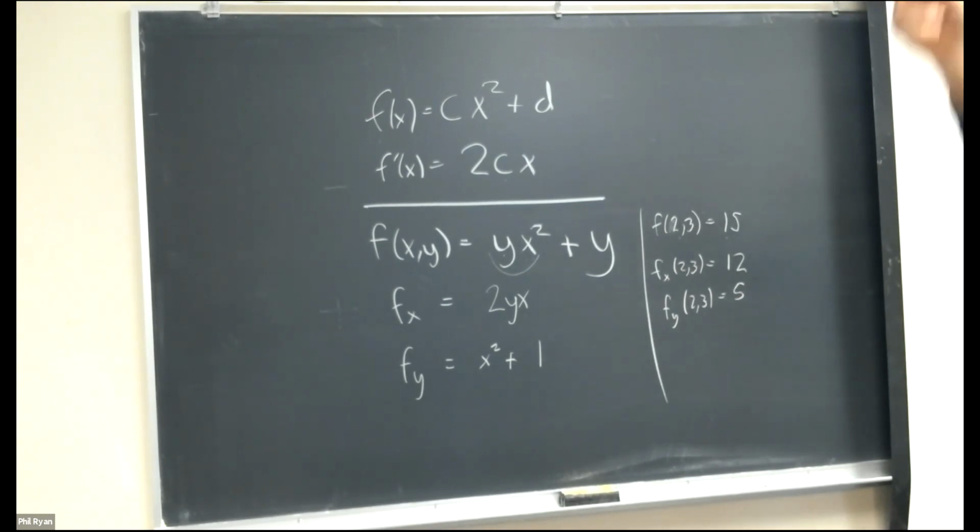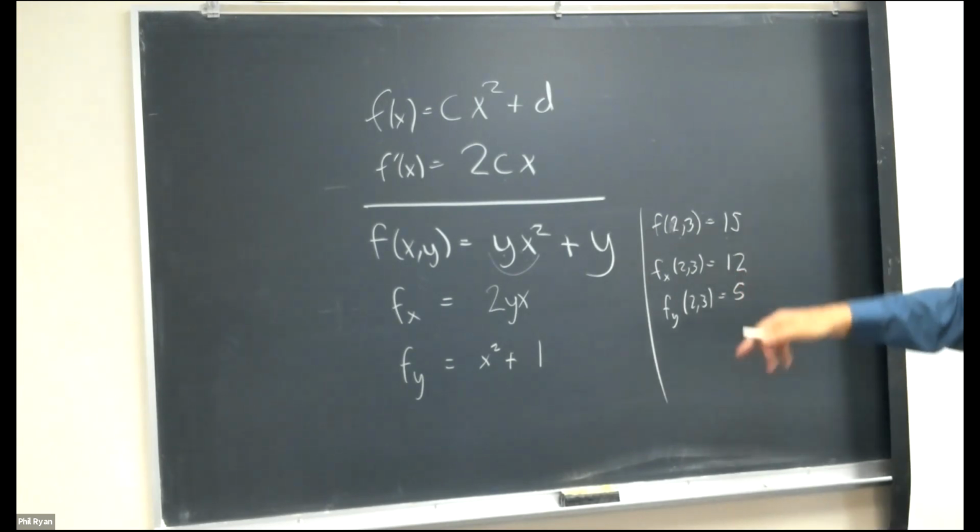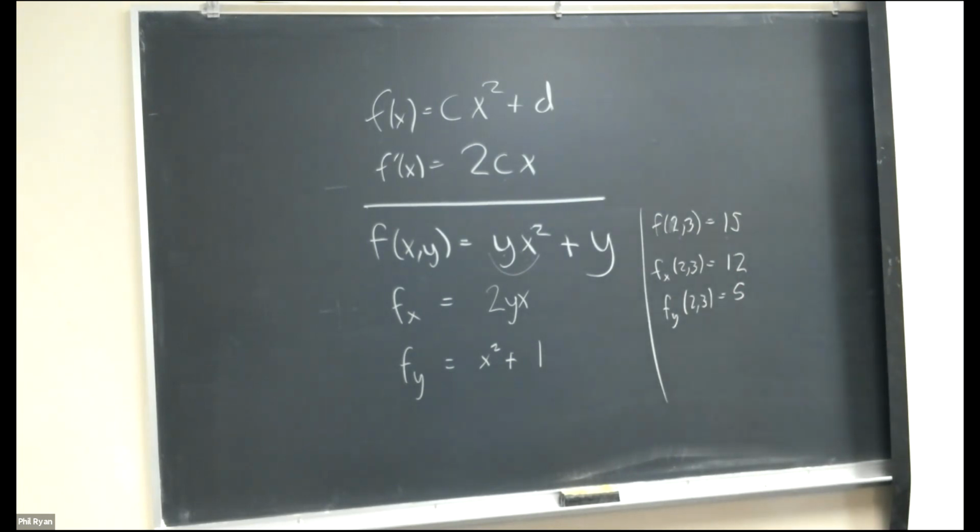So I'm looking there, I'm seeing a steep path up there. Okay, so if I was to increase x by 1, I would think that the function increases by around 12. Right, so I estimate that f of 3, 3 is approximately 27. So I'm at 15, up there is 27.